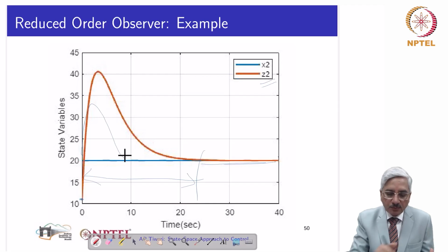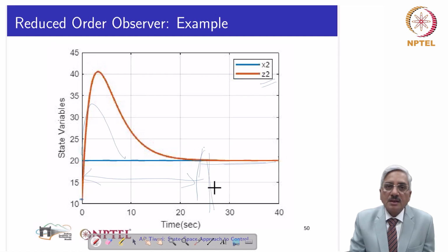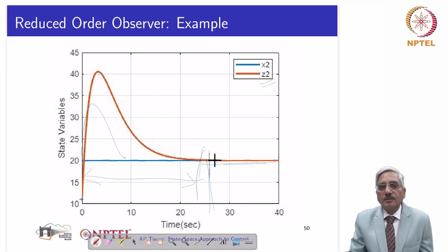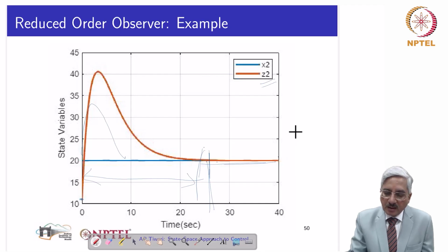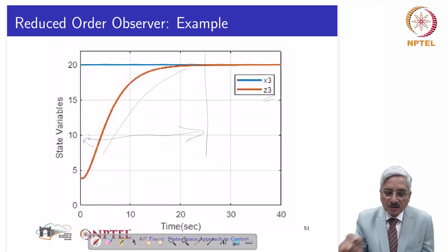However, the poles we have selected that gives this response, they take about 25 seconds for the system to asymptotically match to the states of the system, or that estimation error for state x2 and for state x3 becomes 0 in larger than 20 seconds, maybe somewhere around 25 seconds.